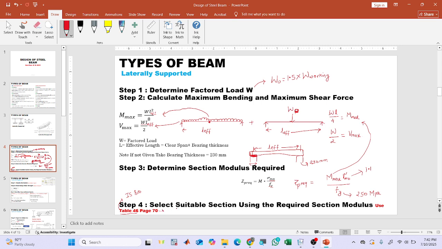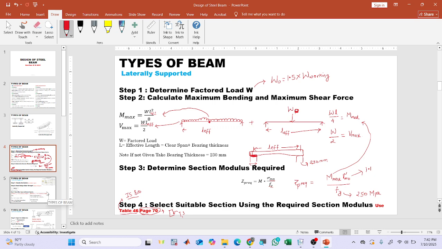This page number is basically for my students at Lumbini Engineering College, because we have one code book made from a combination of timber, steel and others, so the page numbers are shuffled there. For other students, for a global audience, it is IS 800 table 46, where the section properties are given. From there we can select any suitable section and continue with the design.